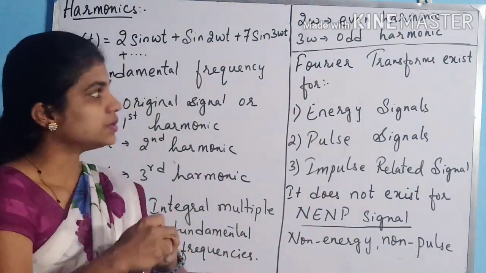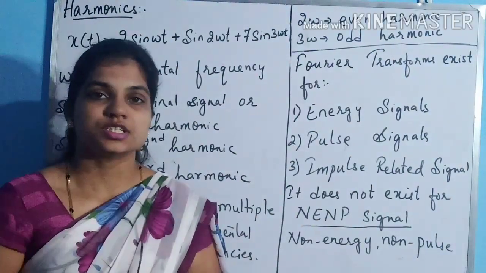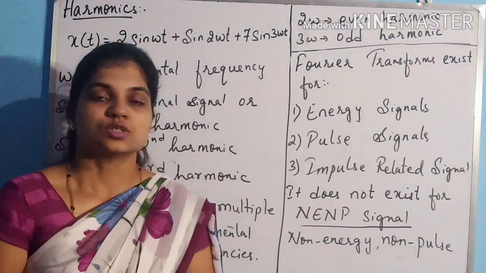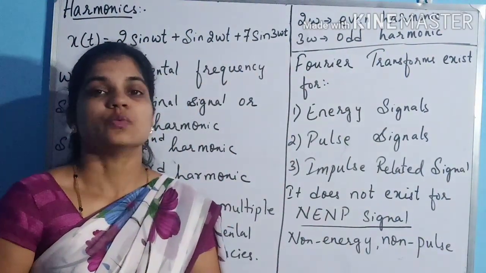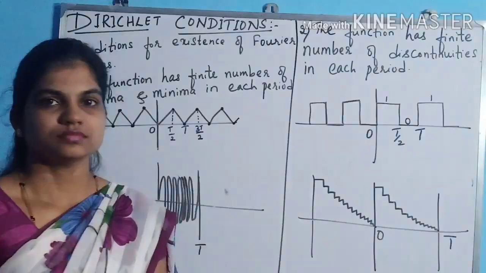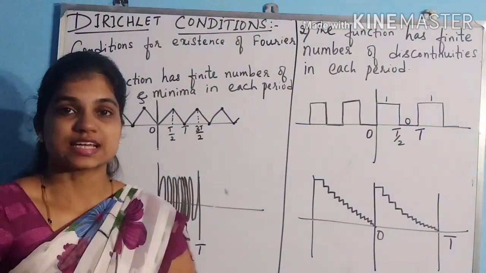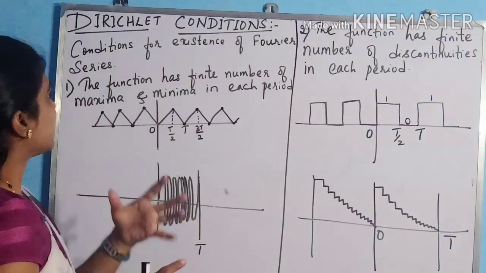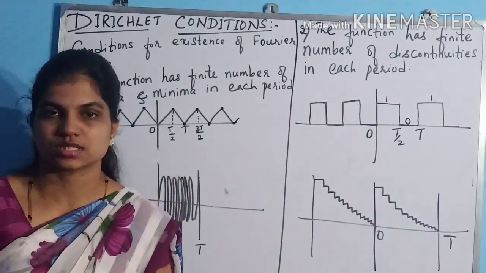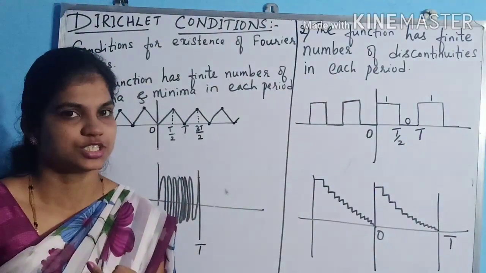Now we have some conditions for which these Fourier transforms exist. These conditions we call Dirichlet's conditions. These are the conditions for existence of the Fourier series. We have three conditions here.